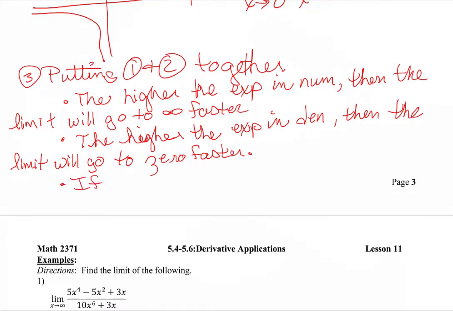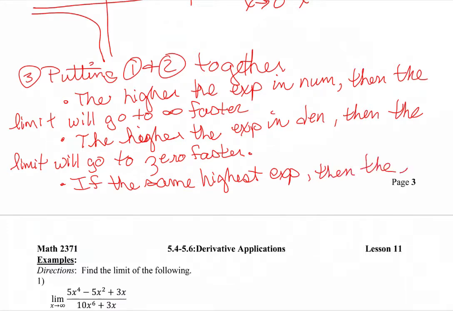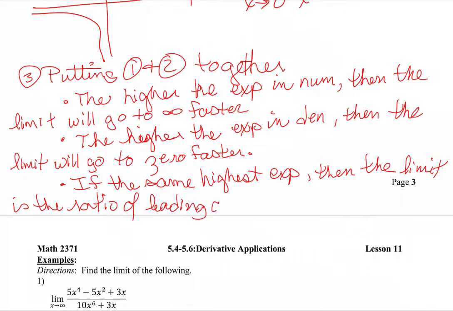If they have the same highest exponent, then the limit is the ratio of leading coefficients.